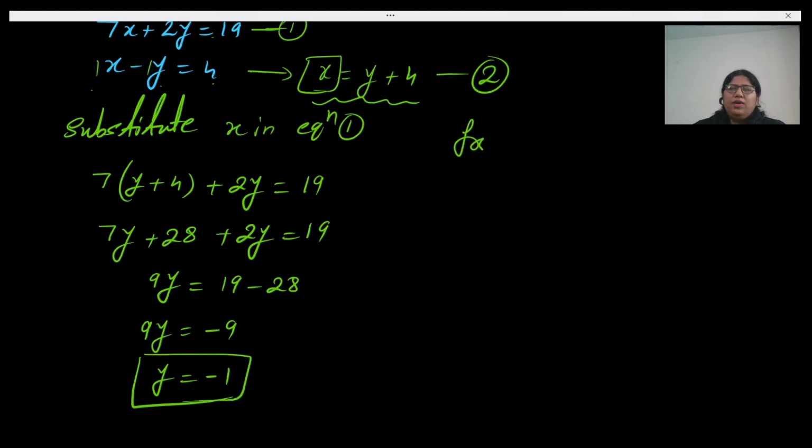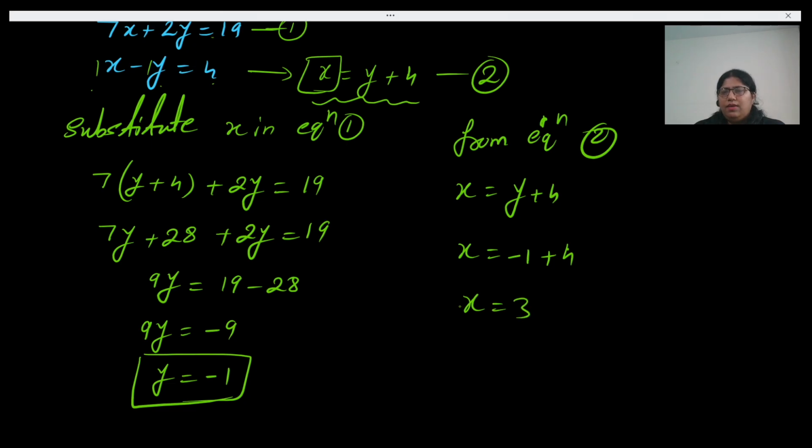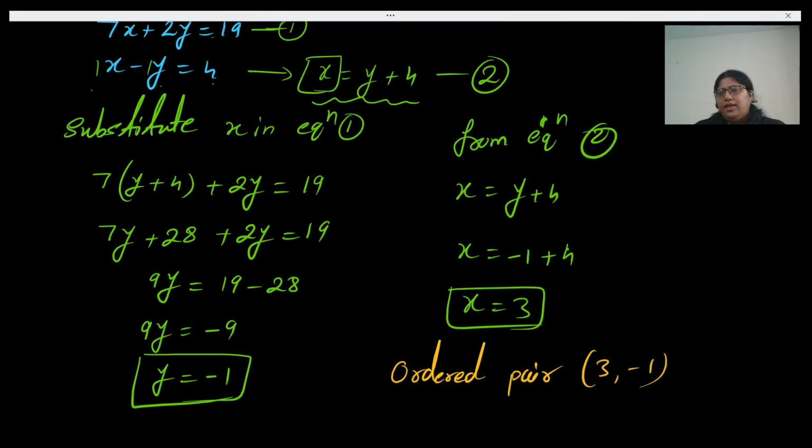Now from equation 2, if I substitute, x is y plus 4, then I can get the value of x also. You can substitute in either equation, 1 or 2, to get the value of the other variable. So x is 3. Now if you write it in ordered pair form, your ordered pair is going to be 3 comma minus 1.